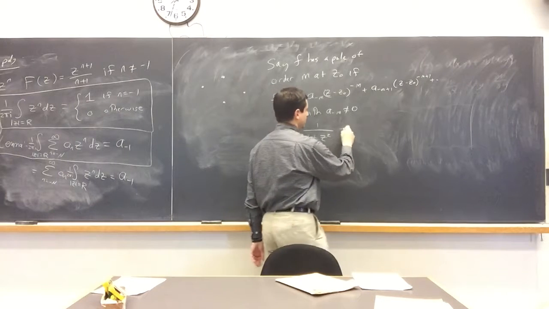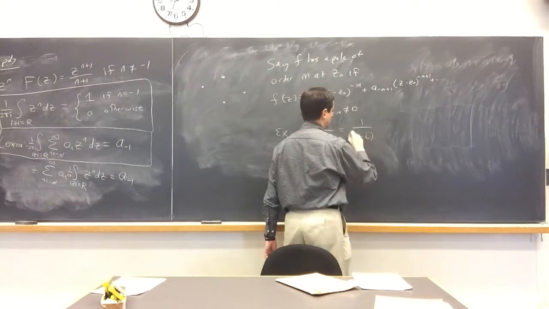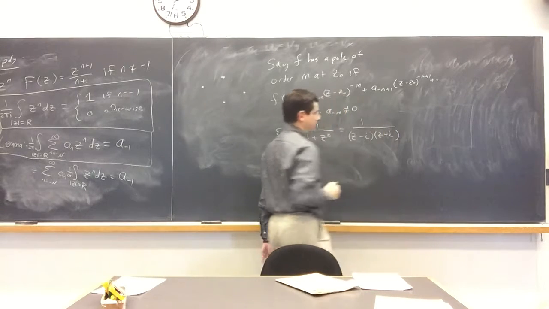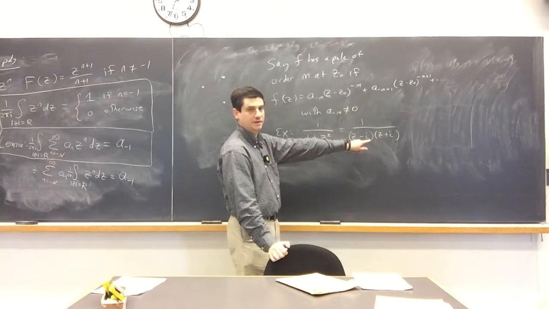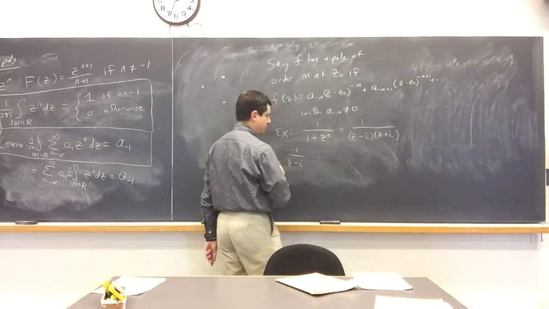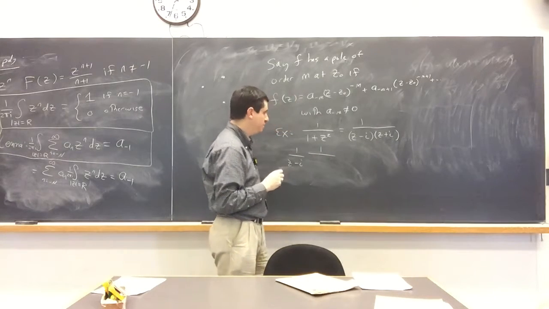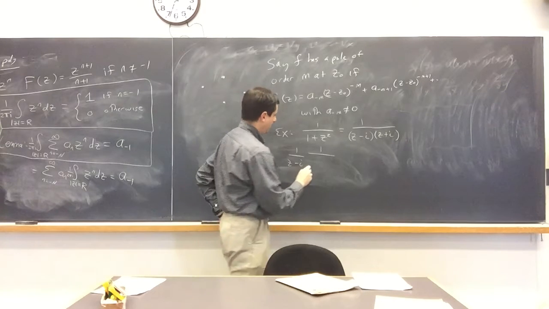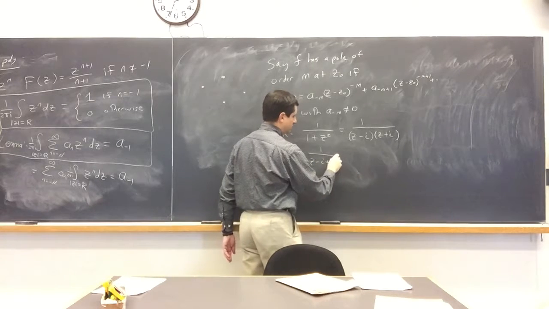So I can write this as 1 over (z minus i)(z plus i). So let's say I want to find what's going on at i. I can write this as 1 over z minus i, and then I love doing this game. I have 1 over z plus i. I'm going to write z plus i as z minus i plus 2i.